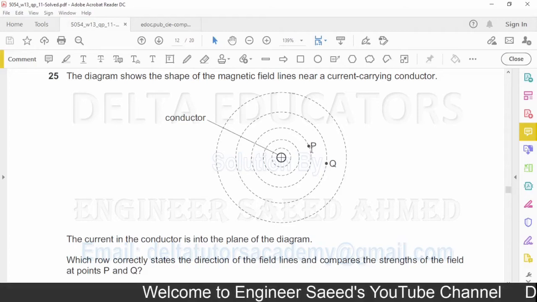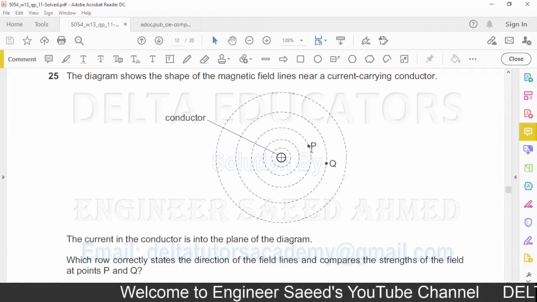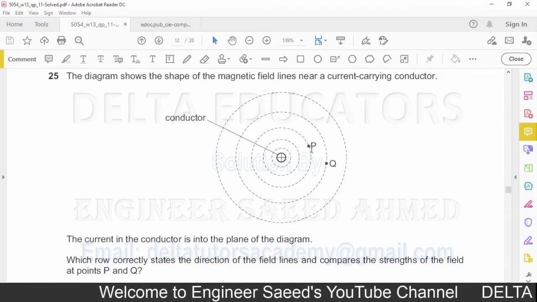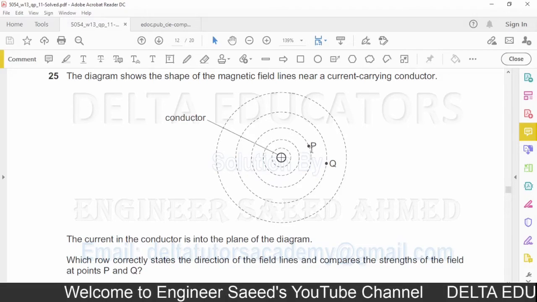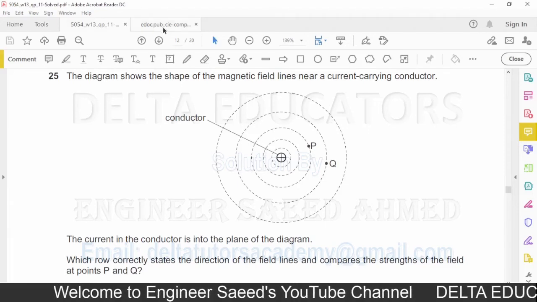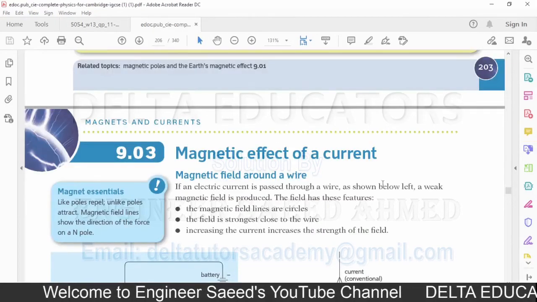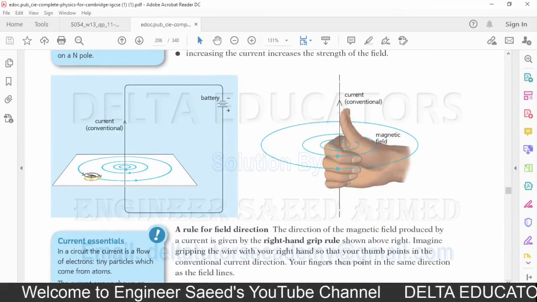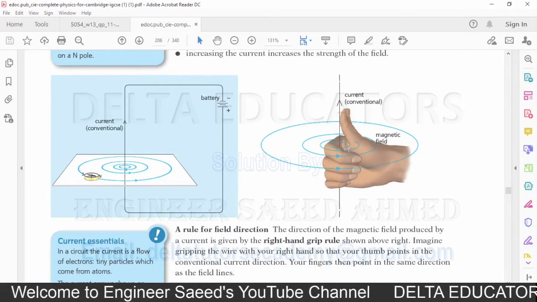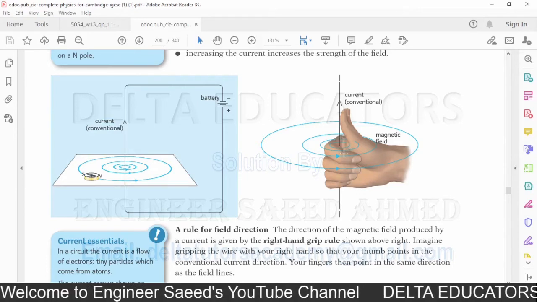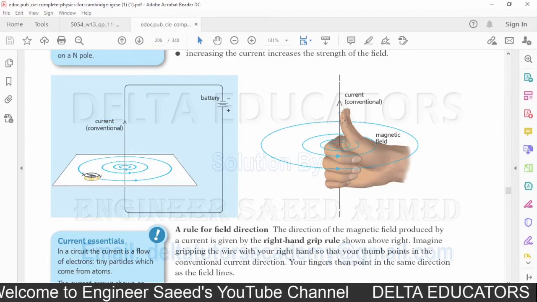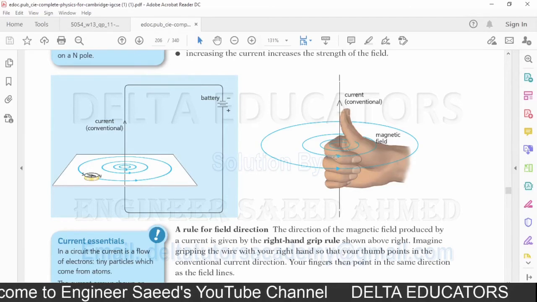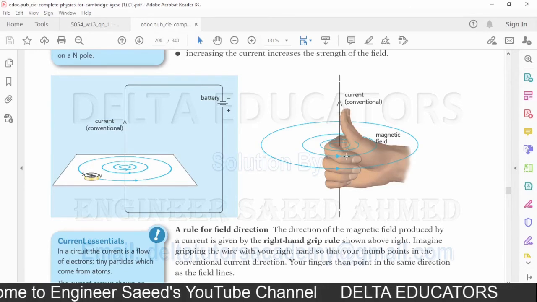Now what about the direction of the field lines? For the direction of field lines, we have to take help of right hand grip rule. What is right hand grip rule? In right hand grip rule, we have studied that when we hold the current carrying conductor in our right hand, the direction of the thumb represents direction of the current and curling of the finger represents direction of magnetic field.